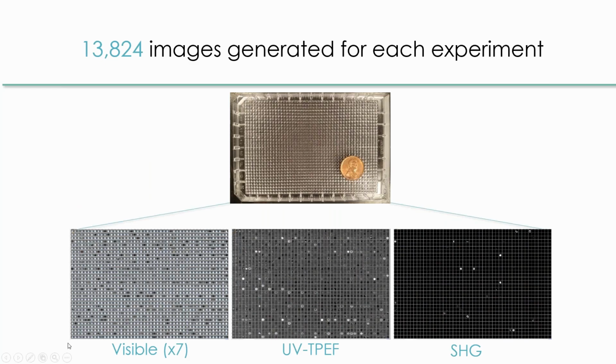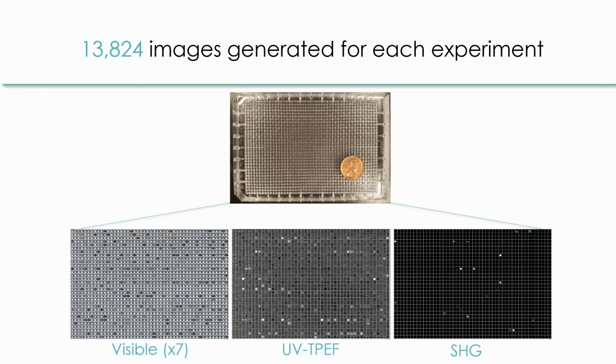One of the things that is interesting about doing such large plates, so many different conditions, 1,536 conditions that are imaged 7 times using the visible images, once using UV TPF and SHG, which we'll talk about in a second, is that for each sample that we set up, we actually generate a minimum of 13,824 images.